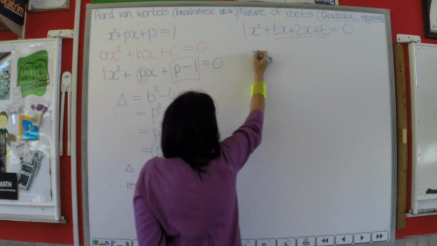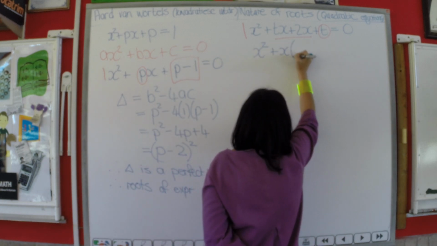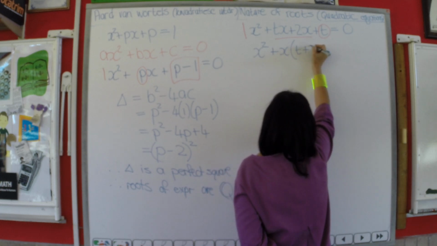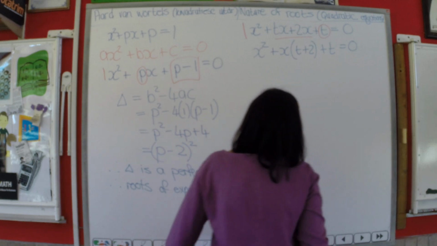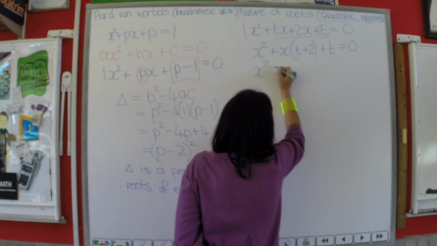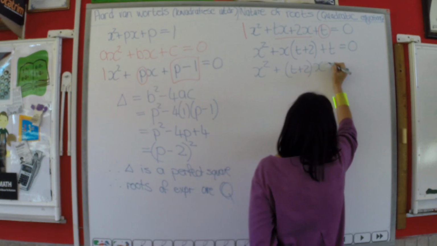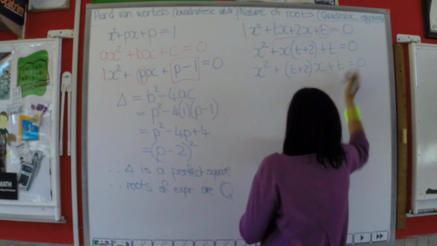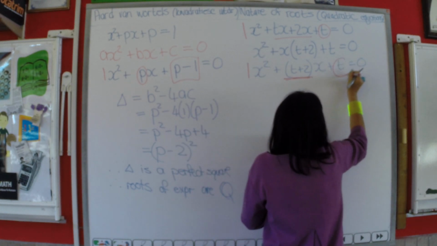So I'm rewriting this equation and I'm taking x out as a common factor, and when I do that, I can recognize the value of b. So I can write that in front as a coefficient. En nou het ek alles wat ek nodig het. Ek het vir a, ek het vir b en ek het vir c.